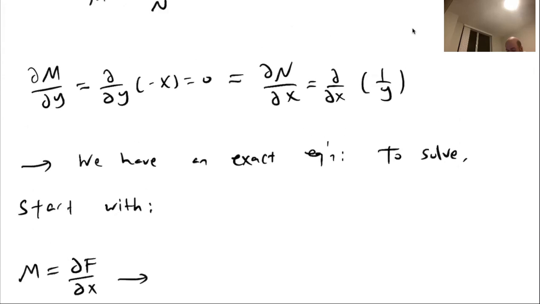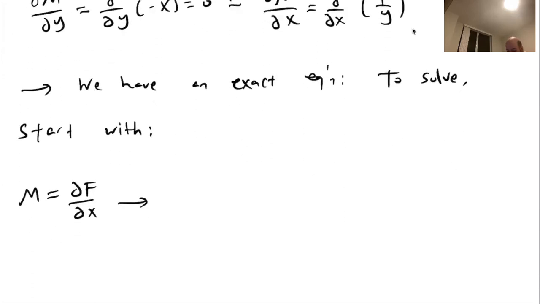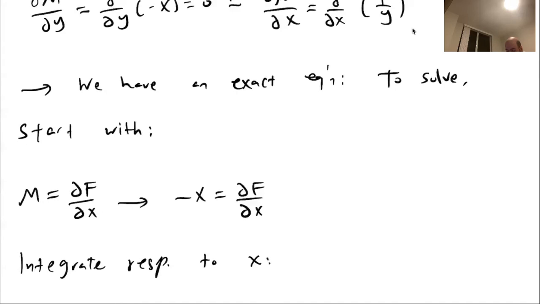And M here is minus x. Minus x equals df/dx. And now integrate with respect to x. Then I'll have minus x squared over 2 plus a function of y, c of y, equals f of x and y.